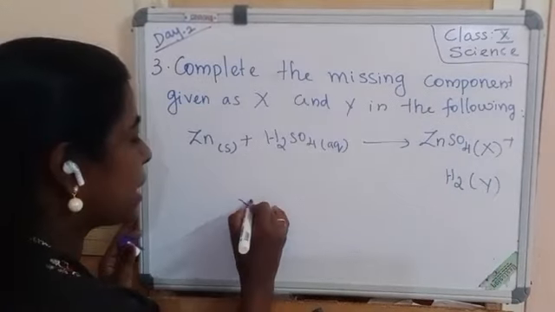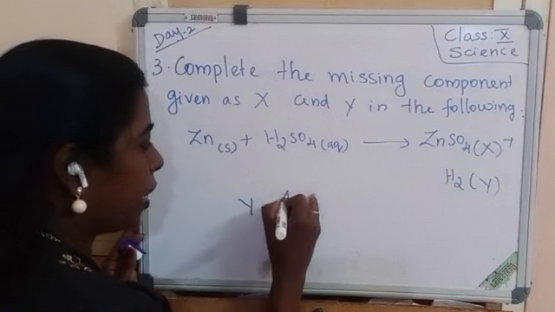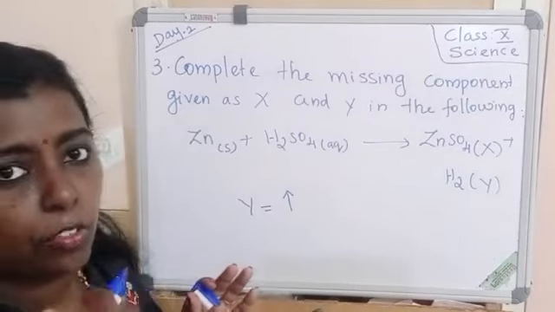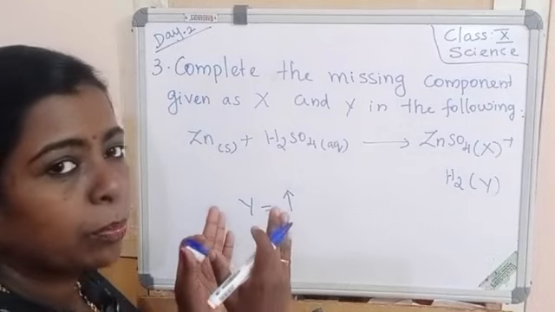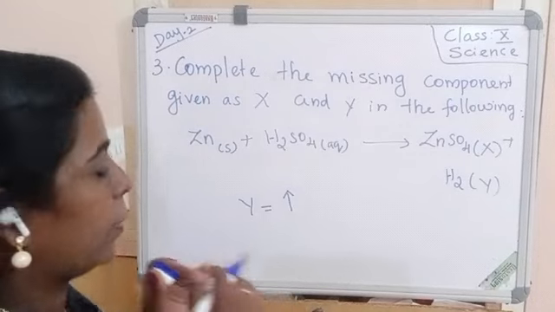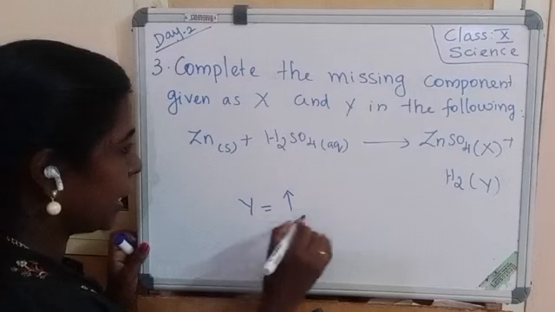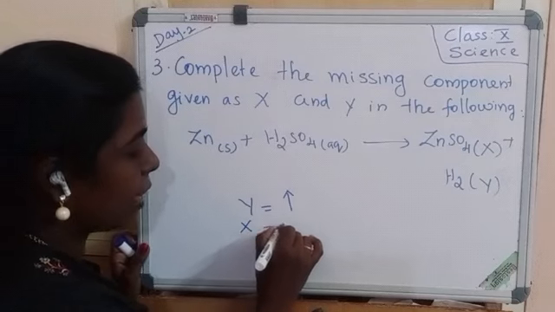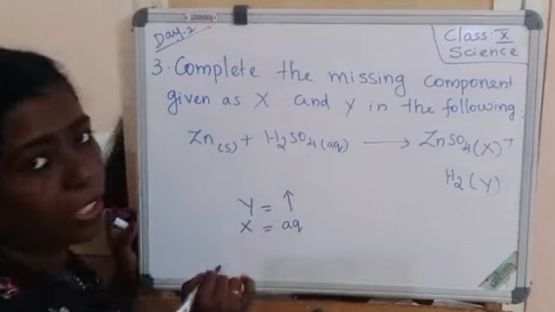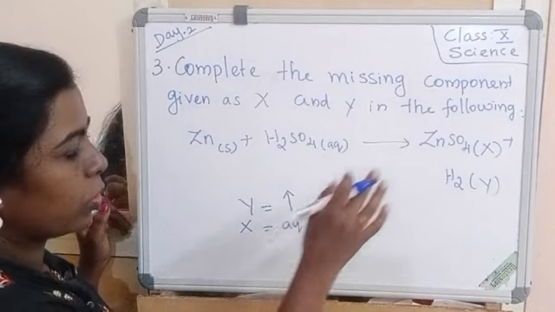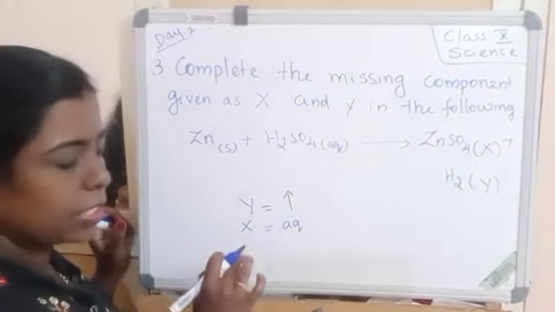So Y is a gas. Evolution of gas is represented by an upward arrow. Then X: zinc sulfate is in aqueous solution state, so X is the aqueous solution state.